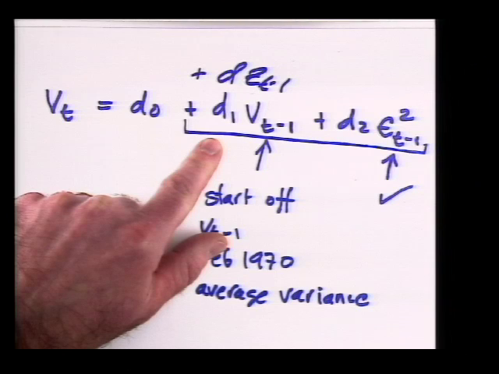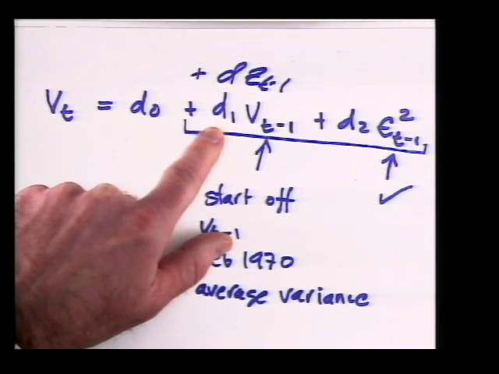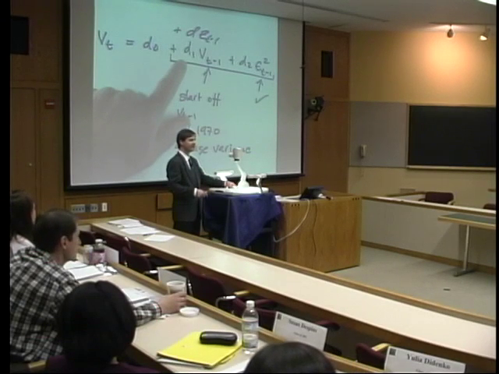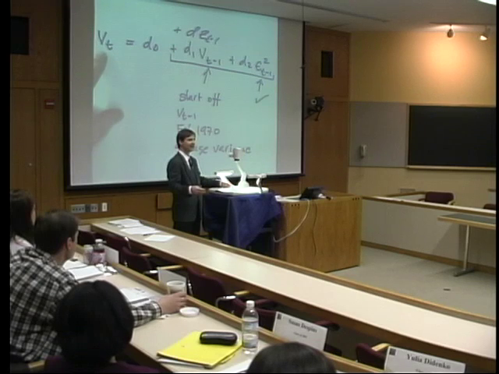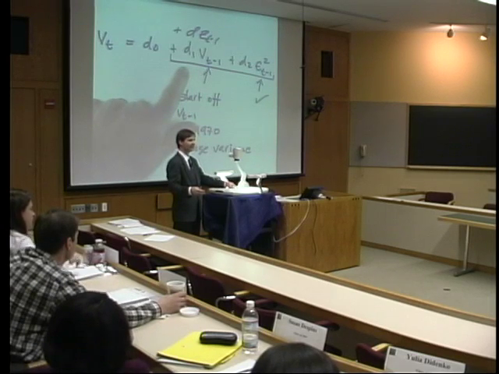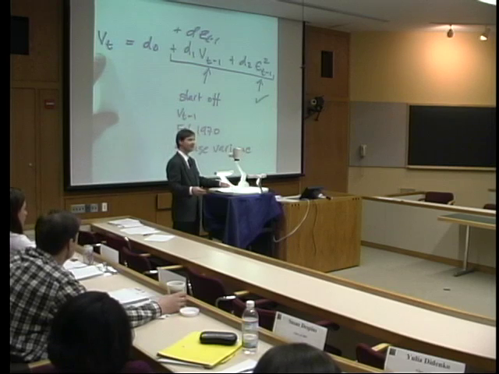And that's where he was talking about this kind of mean reversion. So if you think of doing this multiple times, because this is less than 1, we're going to approach the overall mean. If this D1 was greater than 1, as we forecasted out many periods, the V_t is going to get larger and larger. Right? So we're putting a V_{t-1} in here, multiplying by something greater than 1, then V_t is going to get large.